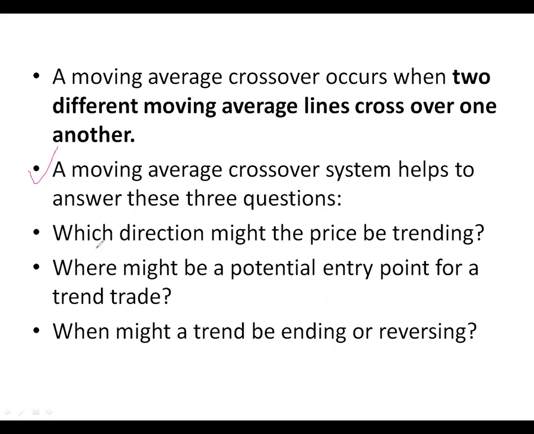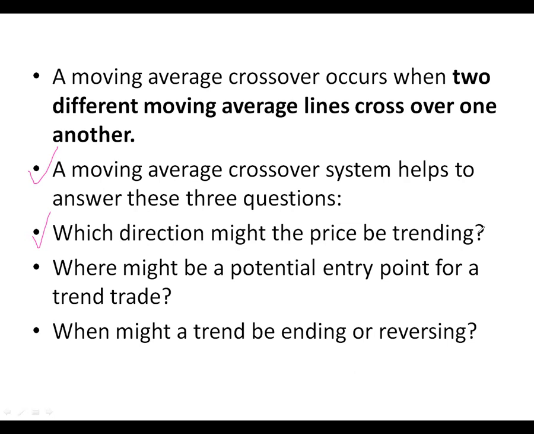So let's look at the 3 questions moving average crossover will help us to answer. The very first question is, which direction might the price be trending? Yes, every Forex market has 3 main structures. The structures are an uptrend or a downtrend or a consolidation.